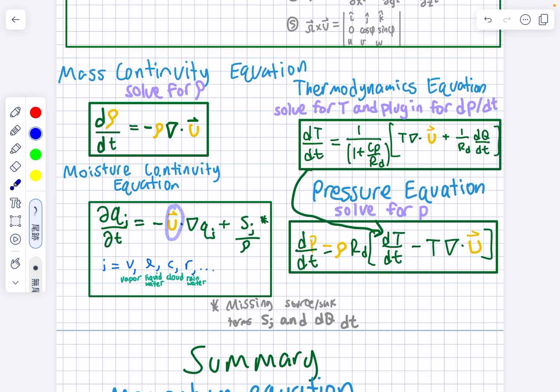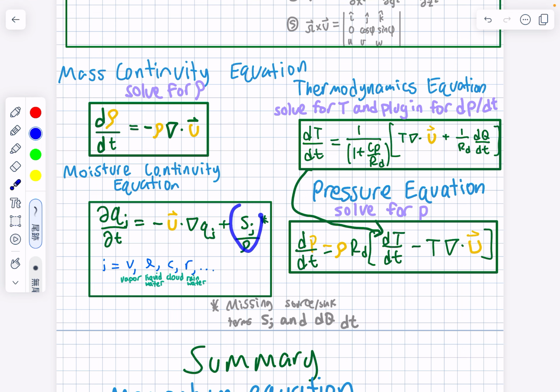All we need for that is the current velocity and the current water vapor. This could be Qj, where j can be V, L, C, R. There's a whole bunch of j's that we're going to need to check: vapor, liquid water, cloud, rainwater, etc. So this is actually going to be like maybe 8 equations in one, but we just solve it each time. And it's a pretty simple equation.